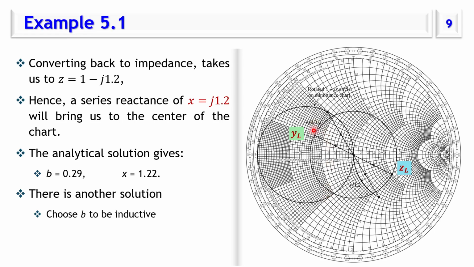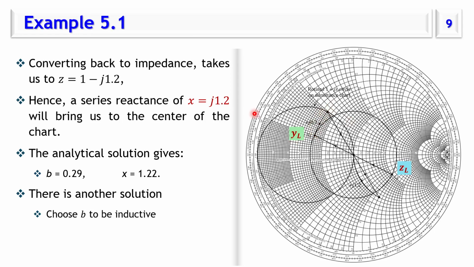So instead of going for the B element that way with a positive value, we can go here with a negative value. When the admittance is negative, we know that it is inductance. When the admittance is positive, we know it is capacitive.